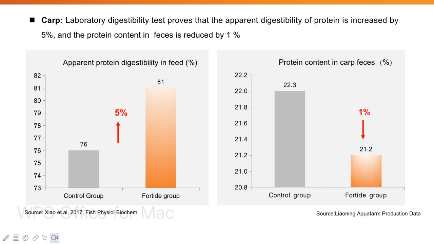And in actual farming, we determined the protein content in feces, and it showed that the application of Fortide can reduce the protein content in feces by 1% and improve the utilization of feed, as well as reduce the emission of nitrogen.